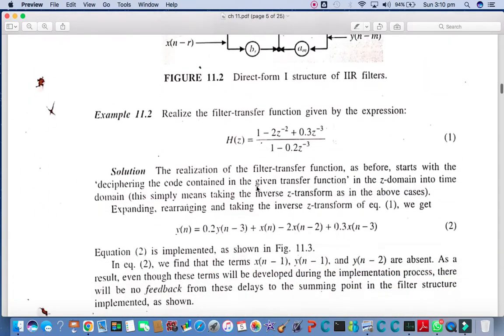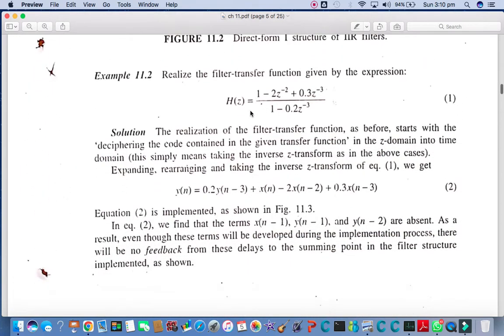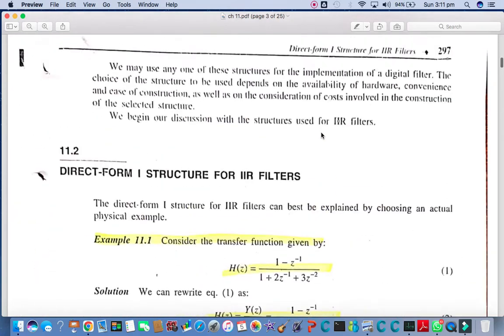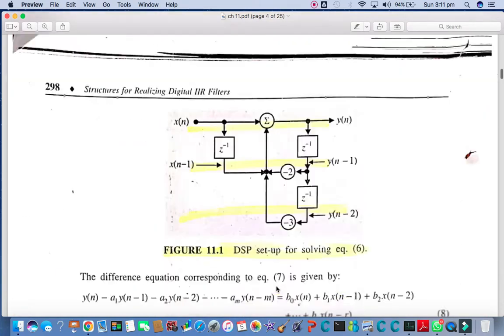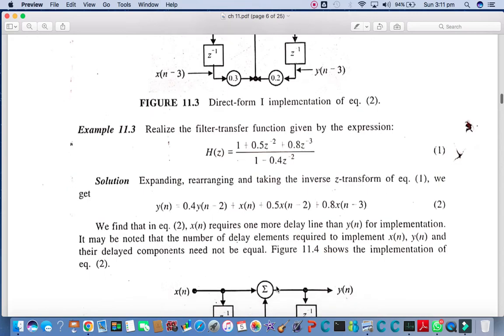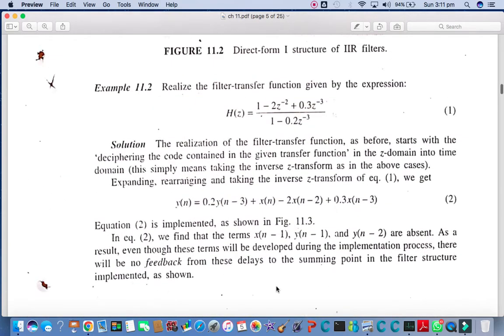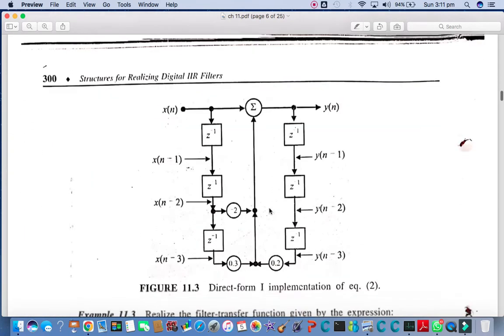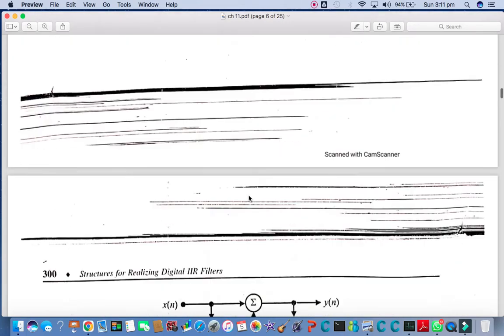Another example we can see, this is example number 2. By doing all the steps which we have seen in the previous example, we can use all that understanding and transform this equation into discrete time form, and then we can logically draw this kind of diagram from this equation.